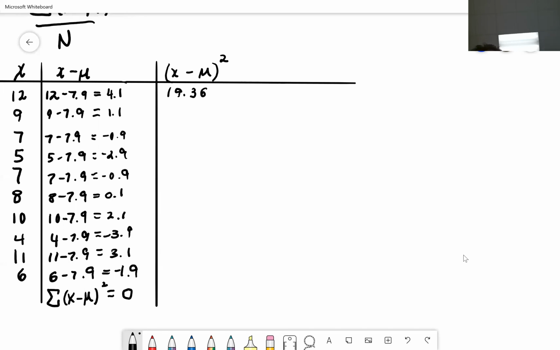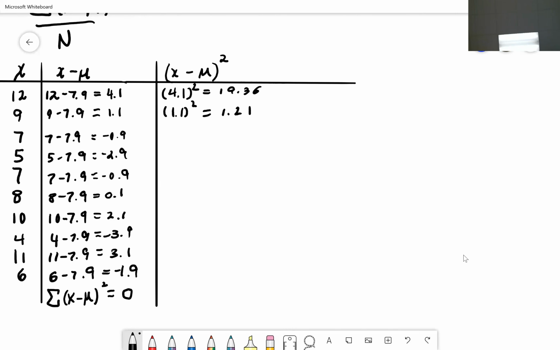Now, because I'm teaching this for the first time, I should write here, hey, we're taking 4.1 and we're squaring it, and it should be 19.36. And you take 1.1 and square it. That's 1.21.